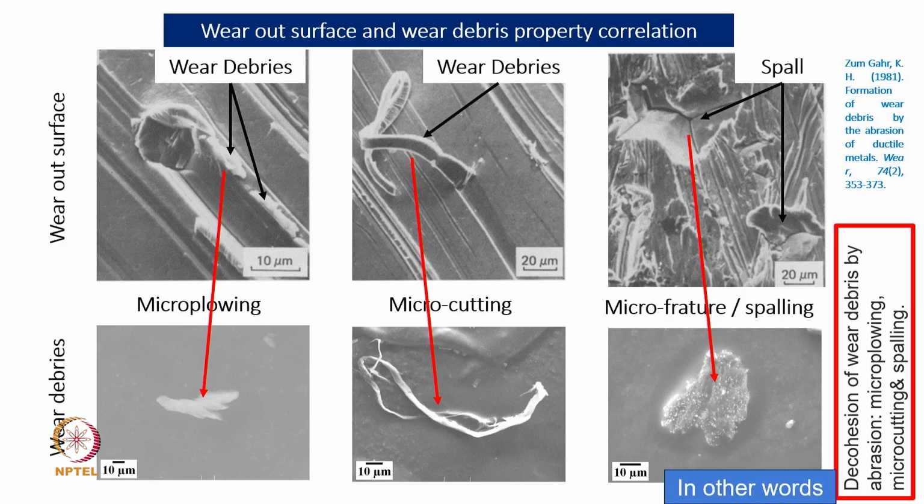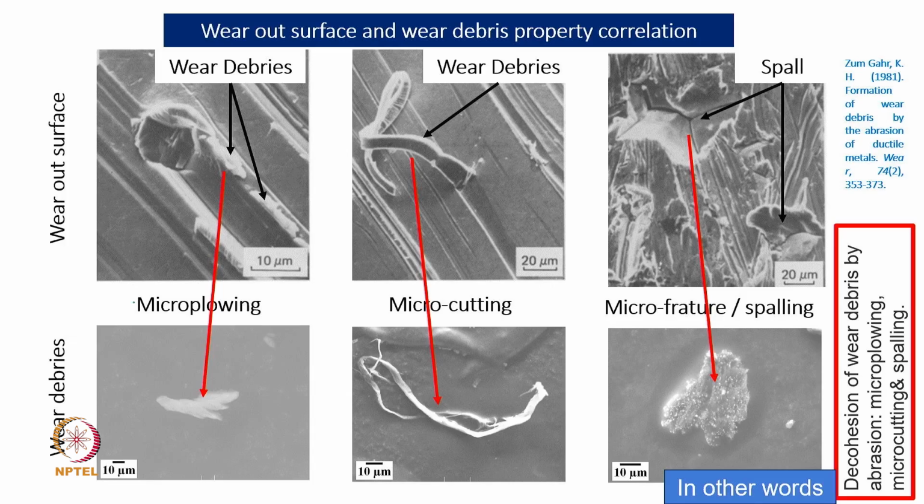If we are able to connect what the surface degradation is and what kind of debris is coming, can we really interlink and then say how the shape should come out, or can we really predict well in advance also? I am just trying to show three different kinds of abrasive mechanisms.